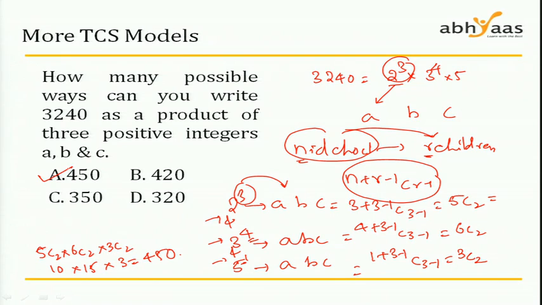Both 3 2's, 4 3's and one 5 can be distributed among A, B and C in any number of ways. That means each one of them can take any number of objects. It's a beautiful question of number system. It's a combination of factors and permutations and combinations. Now let's move on to the next question, guys.